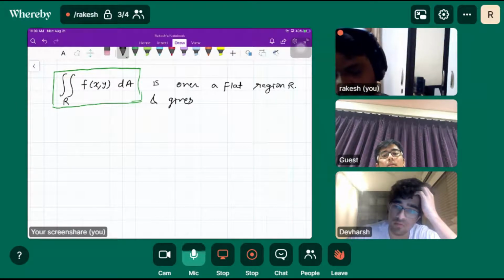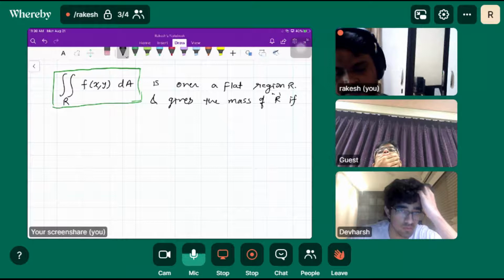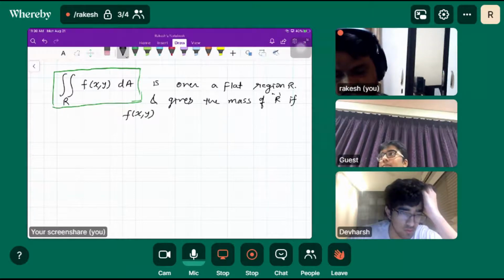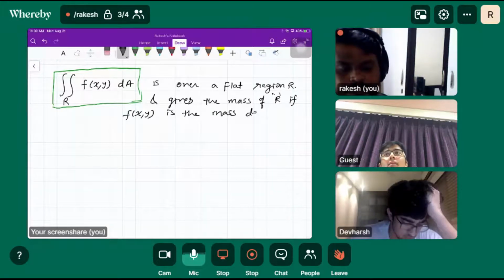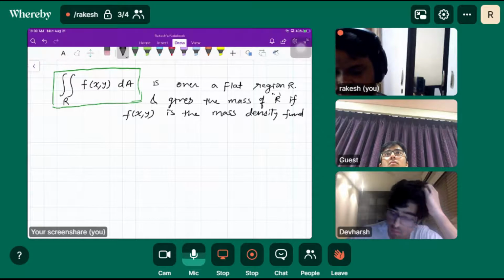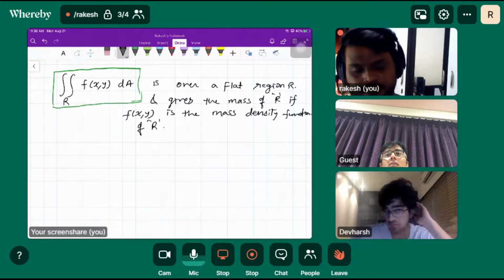This gives the mass of R if f of x comma y is the mass density function of R.